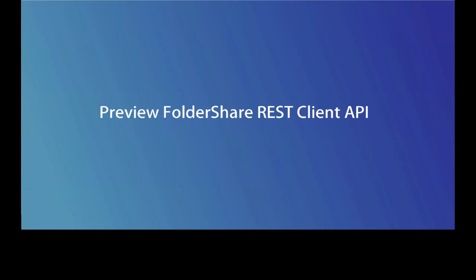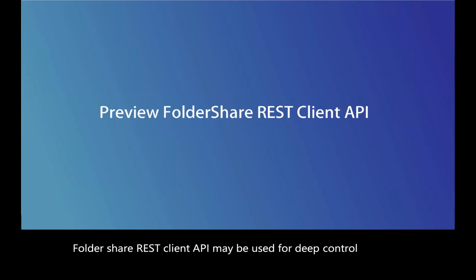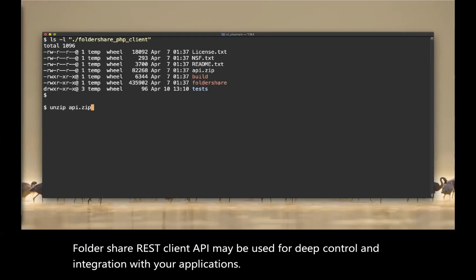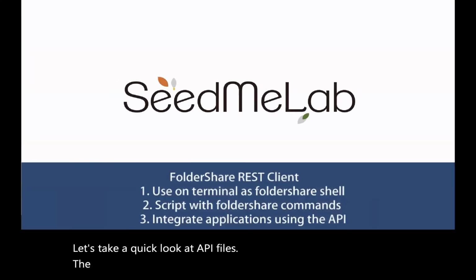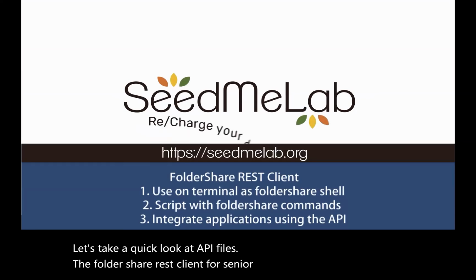Folder Share REST Client API may be used for deep control and integration with your applications. Now, let's take a quick look at API files. The Folder Share REST client for SeedMeLab provides a versatile tool for command line interaction, scripted automation, and integration via the API.